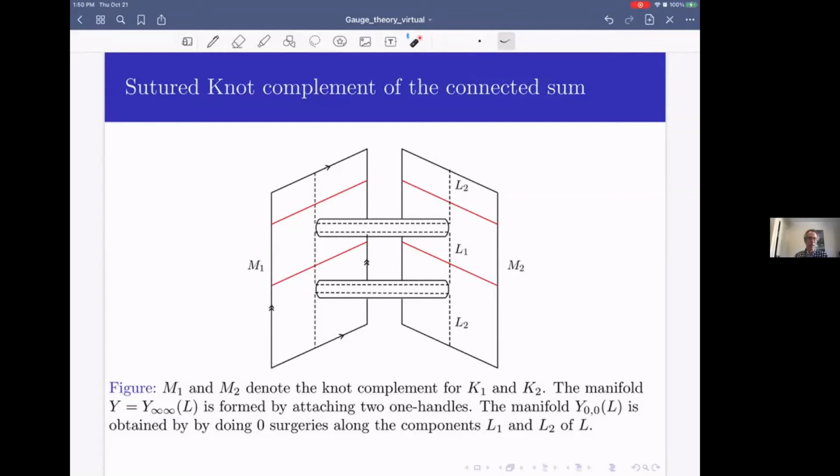Okay, that's fine. Thanks. I think you can attach a contact 1 handle and one contact 2 handle and get the right sutures, but you just can't do the algebra. For some reason, this way of doing it makes the algebra natural. You'll see. I'm sure Sudipta will tell us.